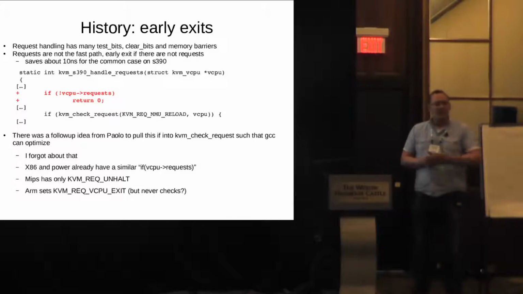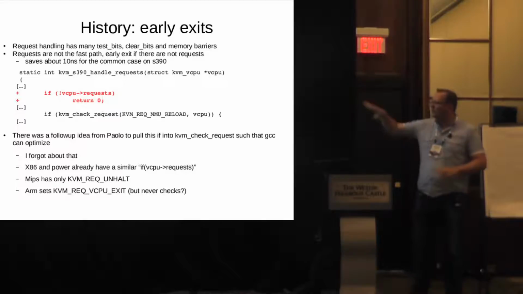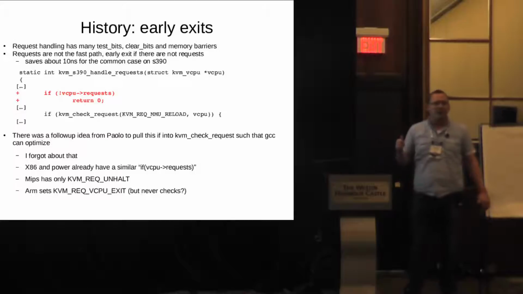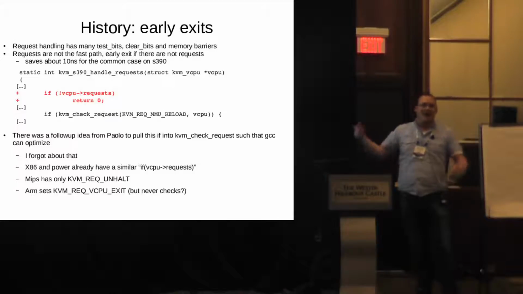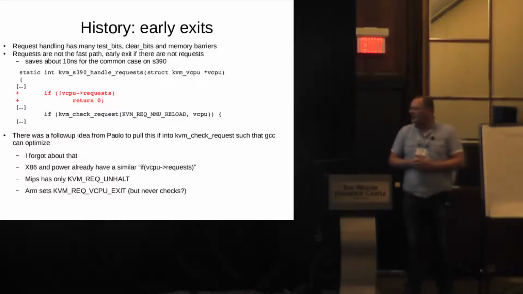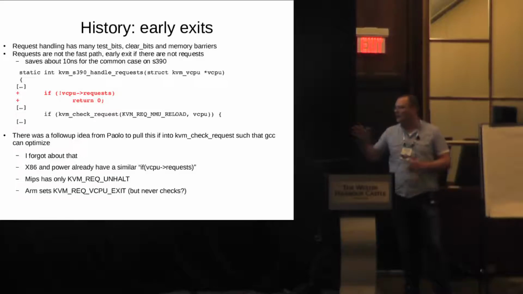There was a follow-up idea by Paolo to pull this check into the KVM check request function itself, so that GCC can optimize. At first I forgot about that proposal, so it dropped on the floor, and I was reminded about that when doing the presentation. But then I looked at x86 and Power, and they already have a similar thing.